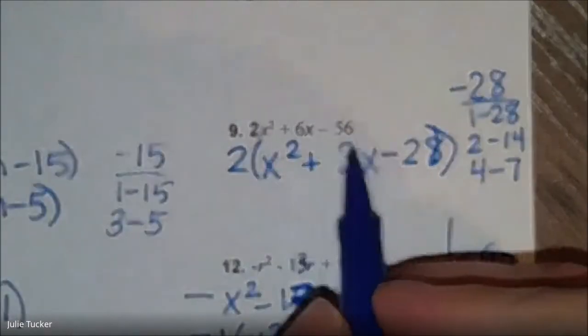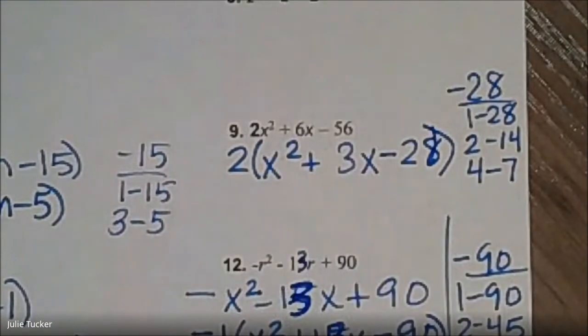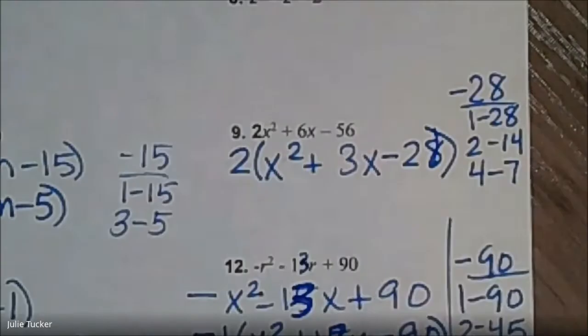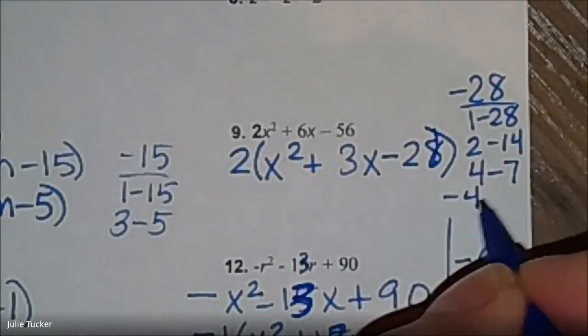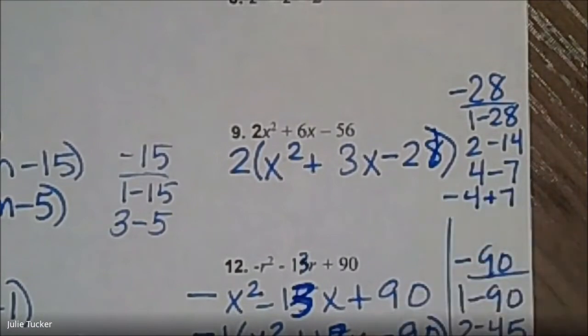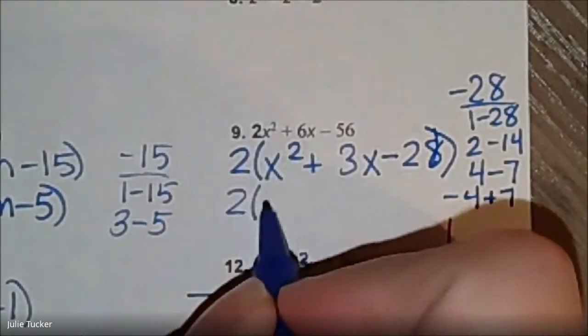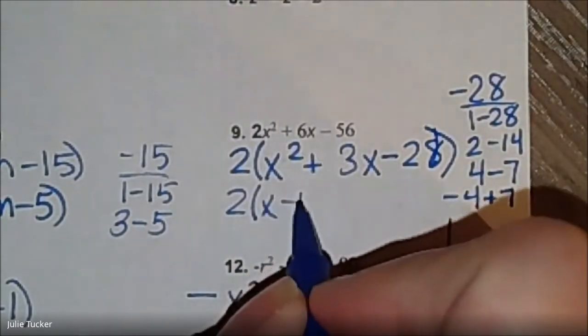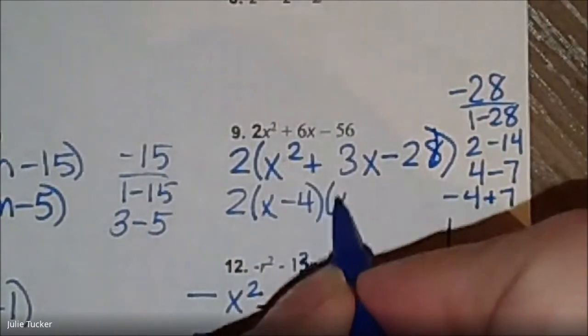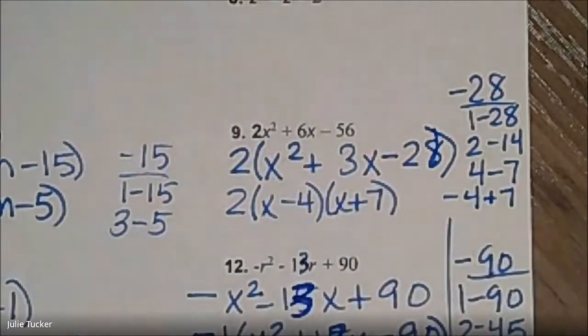I'm looking for positive 3. So what do I have to do? Good. So we're going to go with negative 4 and positive 7, changing both signs. So that's going to be 2 times x minus 4 and x plus 7.